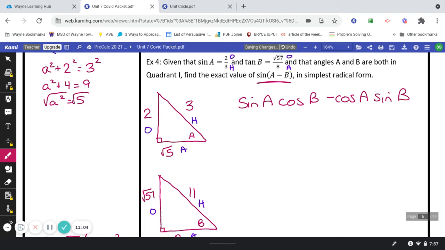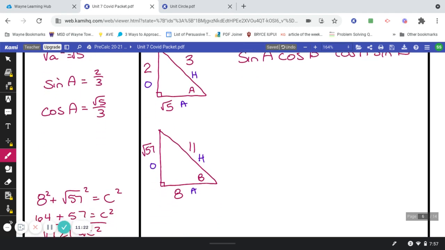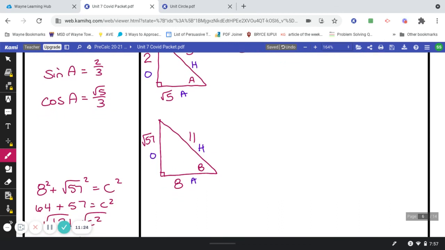And again, we can see that all we need is the cosine and sine of each problem. So for our first triangle A, the sine is O over H. The cosine is A over H. See if you can get the sine and cosine for the B triangle.